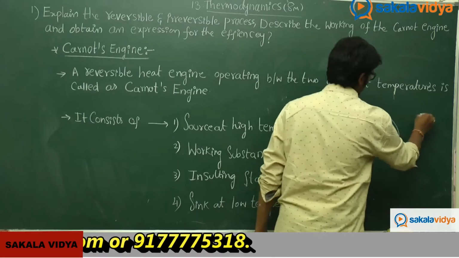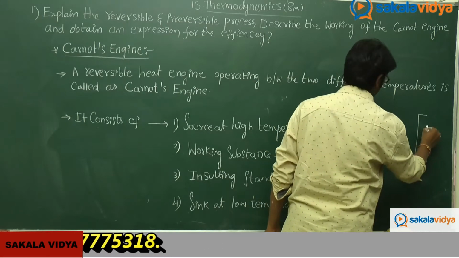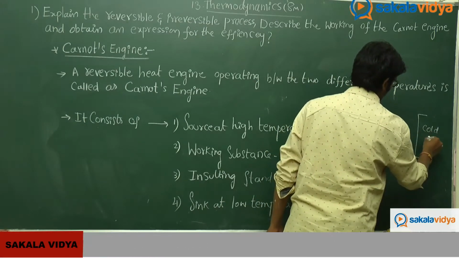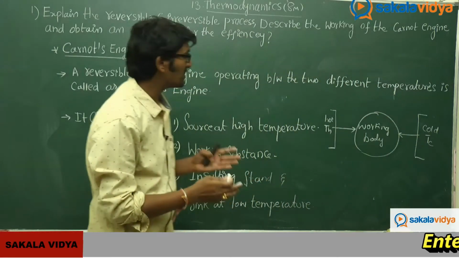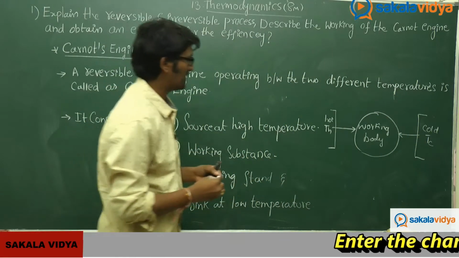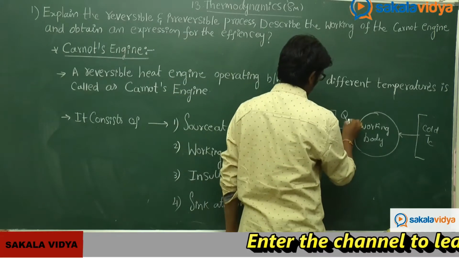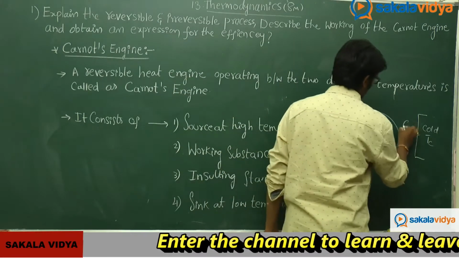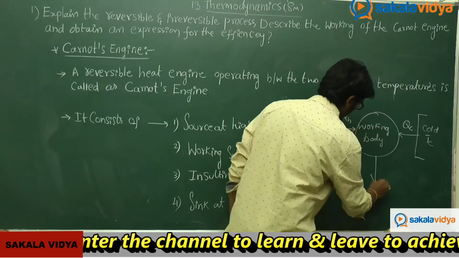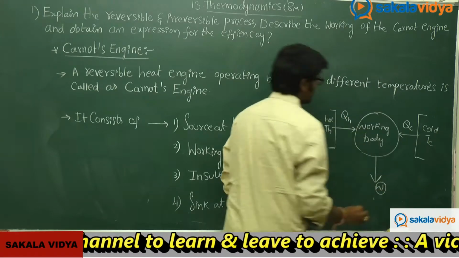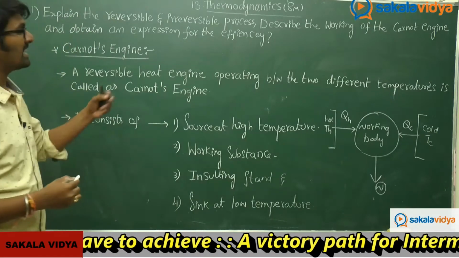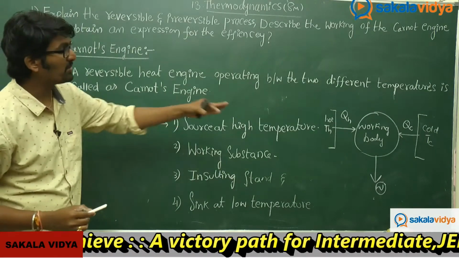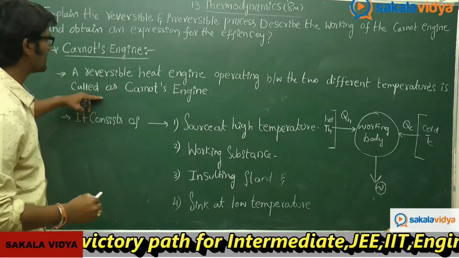Here we have a sink of cold temperature, working under two different temperatures. This is QH and QC. This W is the work done by the body. So this is a Carnot engine, which is a reversible heat engine operating between two different temperatures.